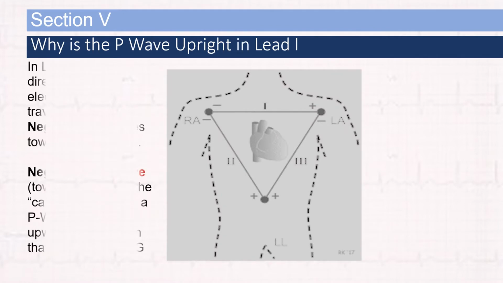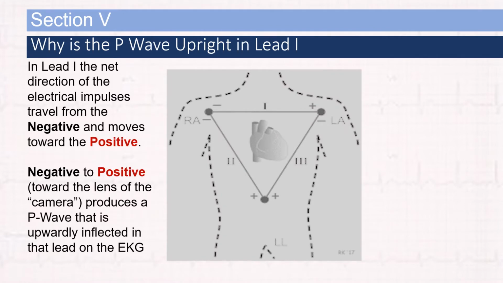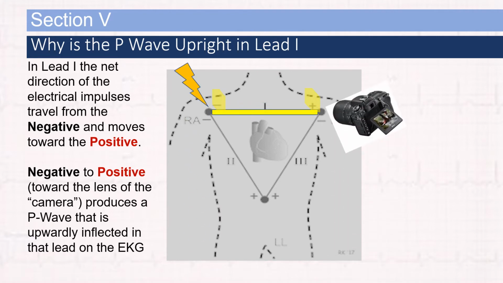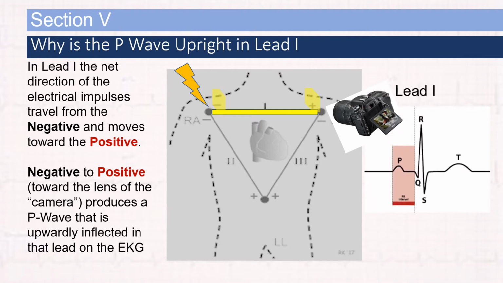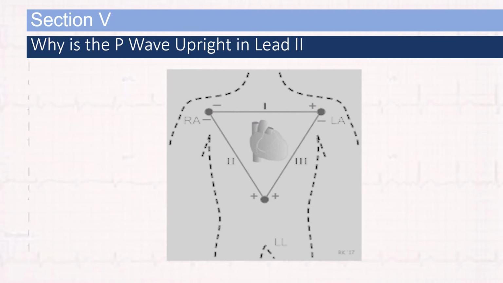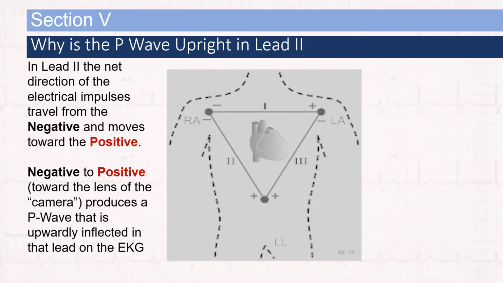Let's look at lead 1. In lead 1, the net direction of the electrical impulses travels from the negative and moves towards the positive. Negative to positive, towards the lens of the camera, produces a P wave that is upwardly inflected in that lead on the EKG. In lead 2, the net direction of the electrical impulses travels from the negative and moves towards the positive.